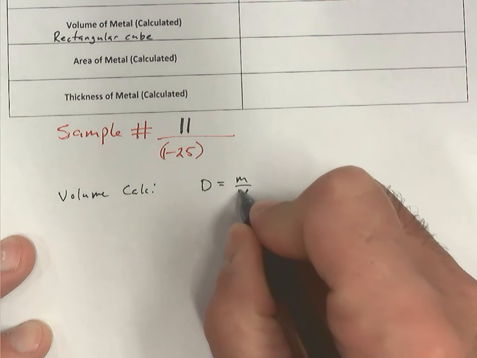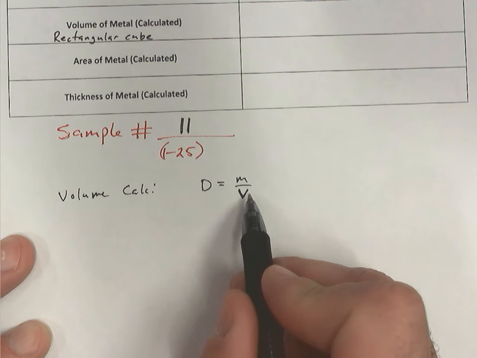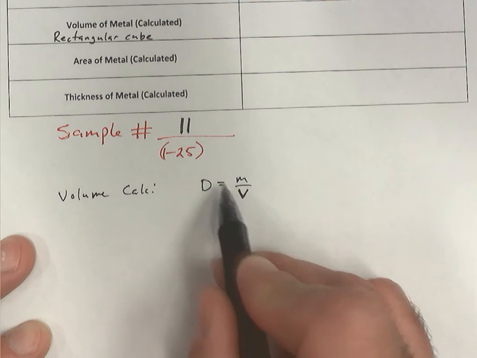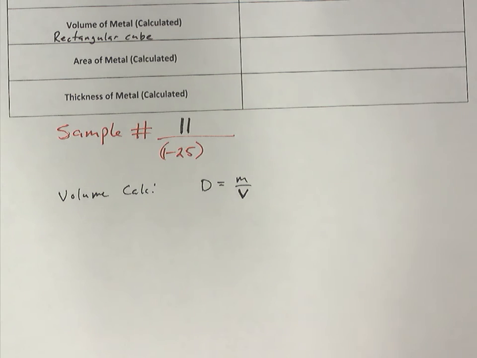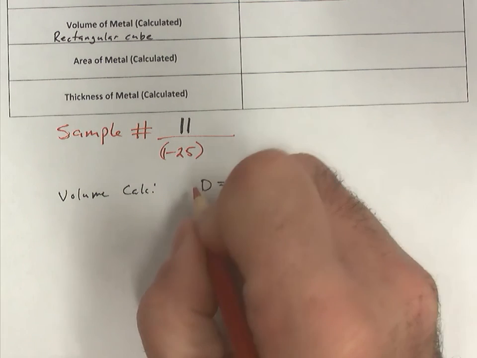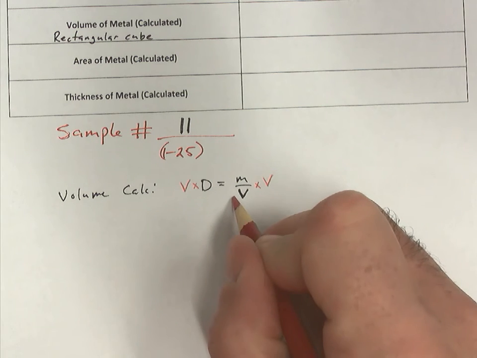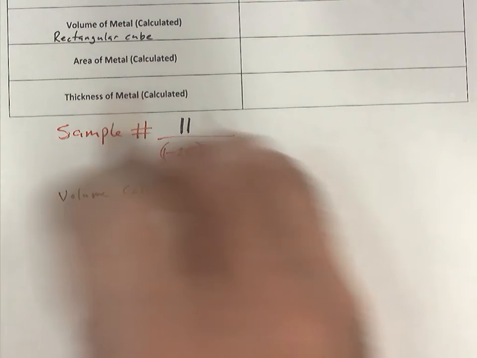We always want to get the unknown on top and by itself. So the first thing we need to do is get this on top. So we're going to multiply both sides by volume. If we multiply both sides by volume, my volume is going to cancel on the right, and I'm going to get a new equation.